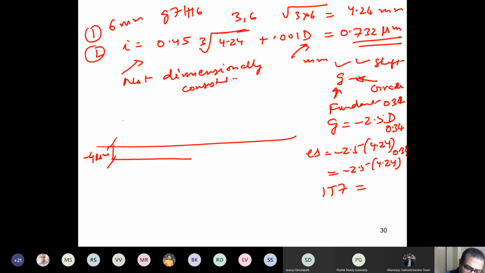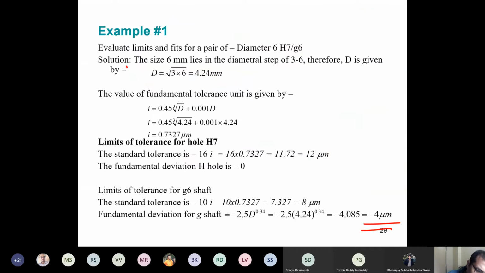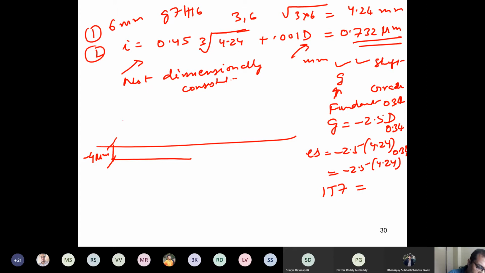I'm saying G7, no, it's G6. G6 and H7, I'm sorry, it's the other way around. G6 and H7. And IT6 is 10i.